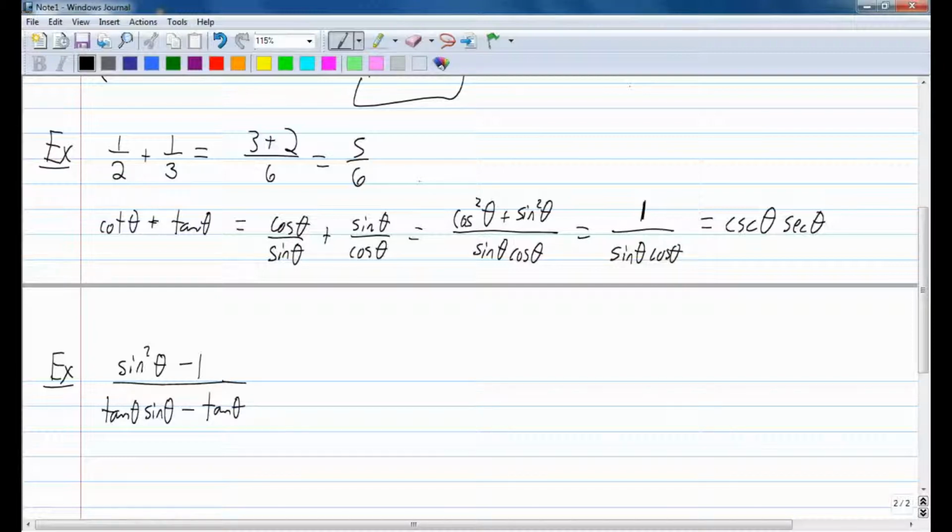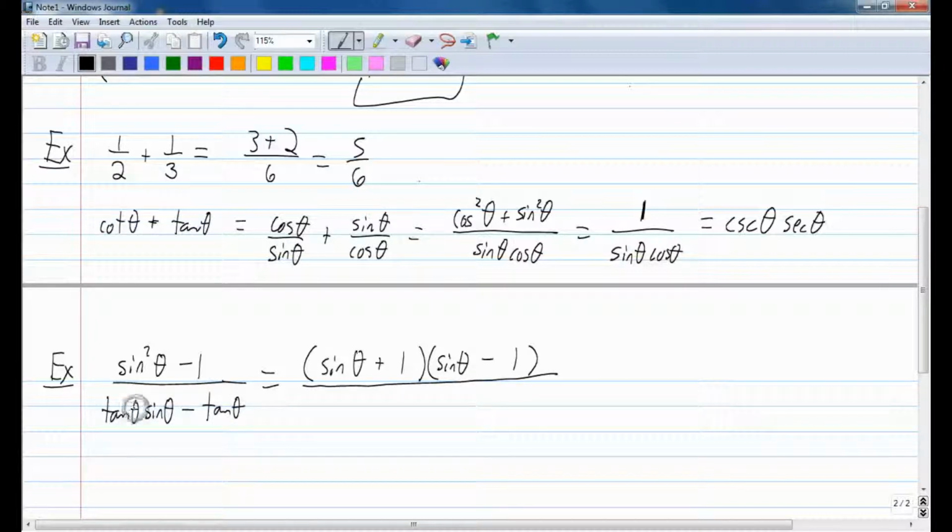Alright, so you may not see right away that things would factor, but it looks like I can factor the numerator and I can factor the denominator. The numerator is the difference of two squares. So I would factor that. Let's say sine of theta plus 1 times sine of theta minus 1, over.